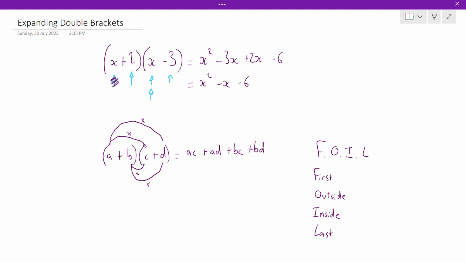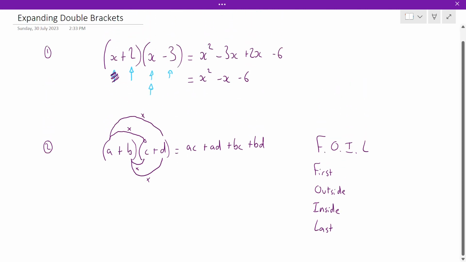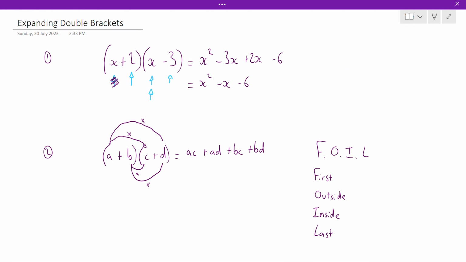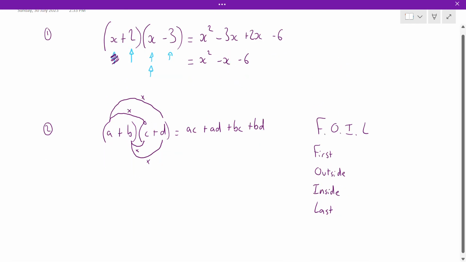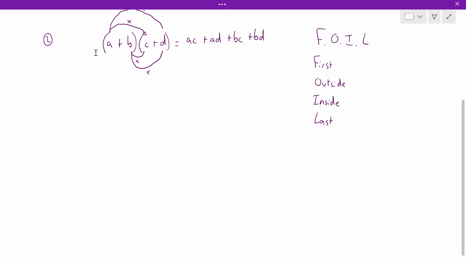I prefer this first method up here because you don't have anything to remember. The second method of FOIL can be useful. I think where the first strategy is more helpful is when you've got situations like this. A plus B outside of C plus D outside of E plus F, for example.